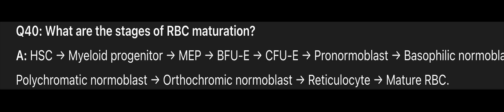This is a really long one. What are the stages of red blood cell maturation? So we go from HSC, myeloid progenitor, MEP, BFU-E, CFU-E, and so this is where we can start seeing visible features in the microscope.